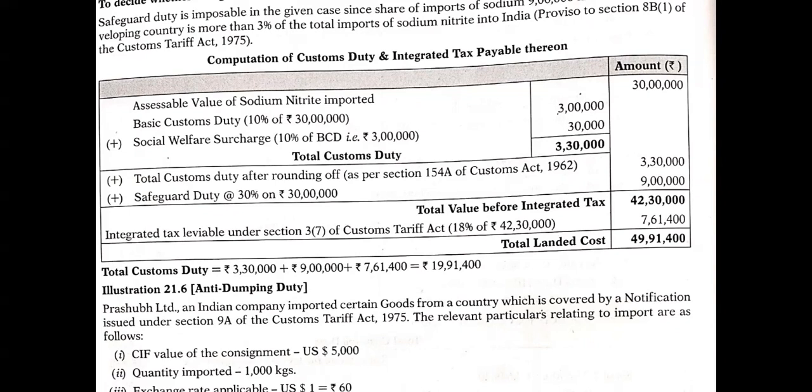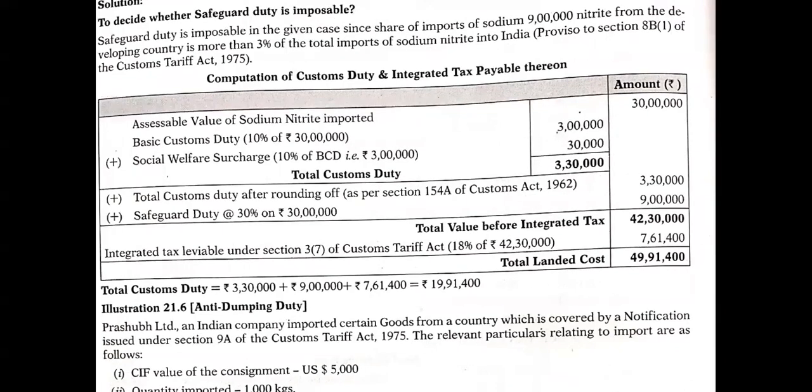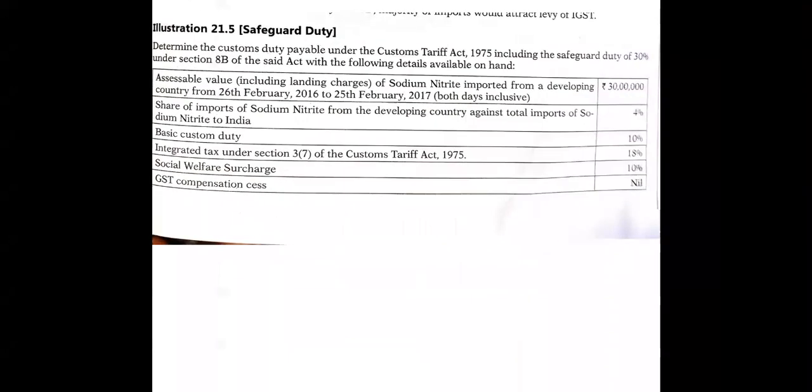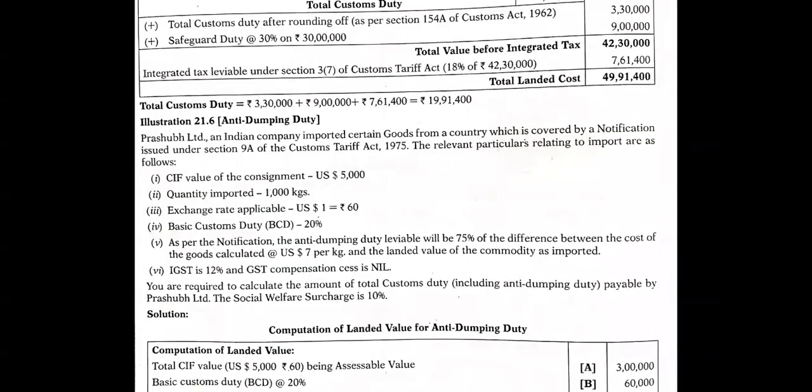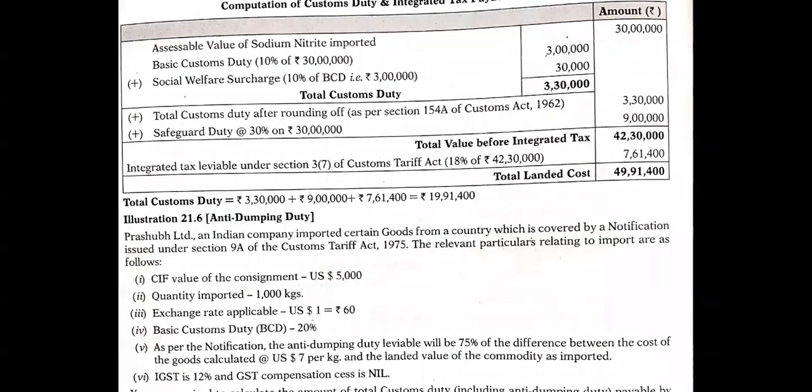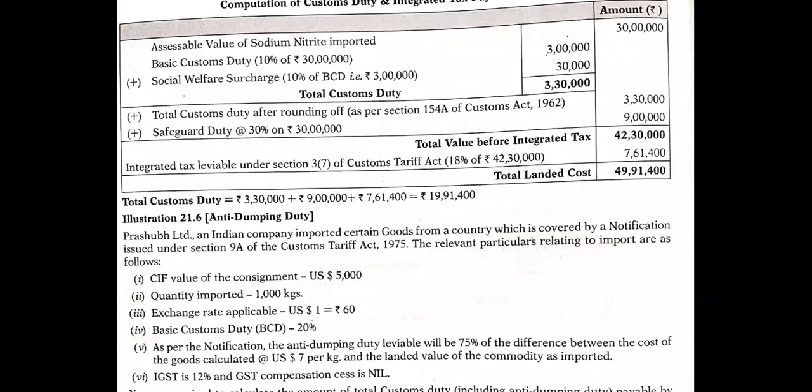Now let us come here. Safeguard duty additionally will be charged here. Okay, safeguard duty. Suppose he mentions in the problem that this much is safeguard duty, you need to take that. Suppose it is not mentioned, now the safeguard duty he has told you as 30%, right, as per Section 8, subsection B. So that safeguard duty at 30% of the total assessable value, that is 30 lakh, will be charged.